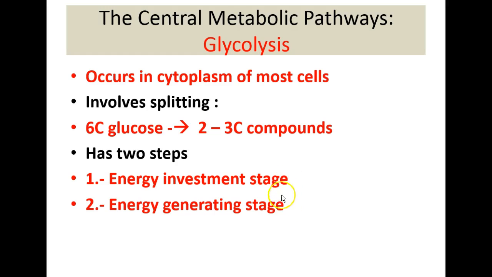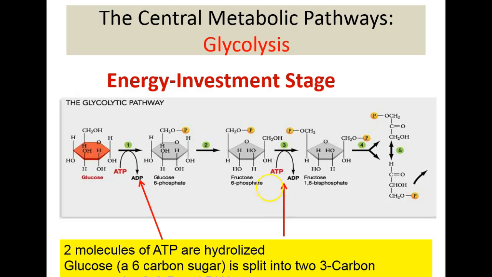Glycolysis has two steps. The energy investment stage, which requires energy in the form of ATP, and an energy generating stage, which creates energy in the form of ATP. The first steps in glycolysis are the energy investment steps.